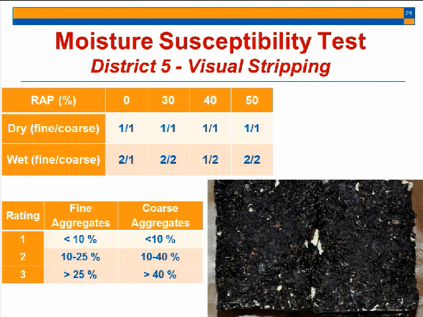If the amount of the stripped aggregate is less than 10%, then we rate it 1. If it is between 10 to 25%, then we rate it 2. And if it is greater than 25%, we rate it 3. It's a bit different for the coarse aggregate. As you can see, we can see kind of a stripping here. Here, you cannot call it stripping because it's just the breakage of the aggregate. You can see these brown aggregates. So this is how we do it.